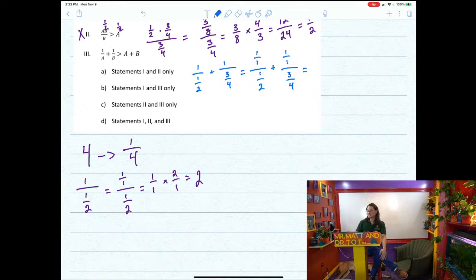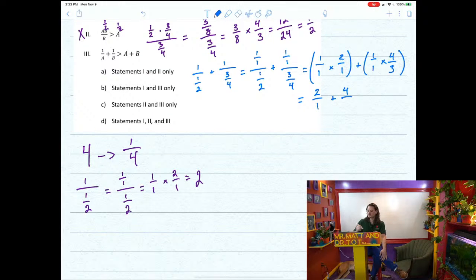This allows me to keep the numerators the same and multiply by the reciprocal of the denominator. I should say denominators. So I have 1 over 1 times 2 over 1 plus 1 over 1 times 4 over 3. So that's going to turn into 2 over 1 plus 4 over 3.